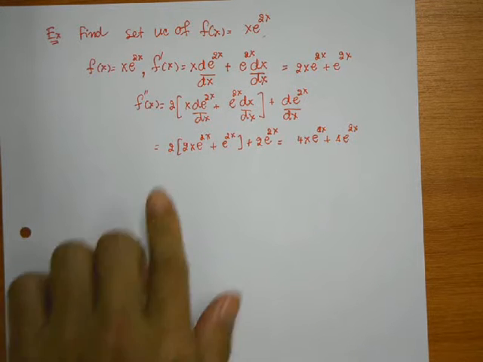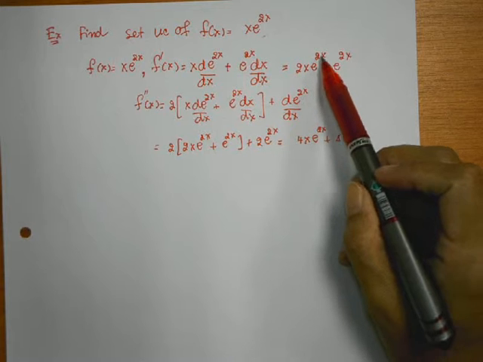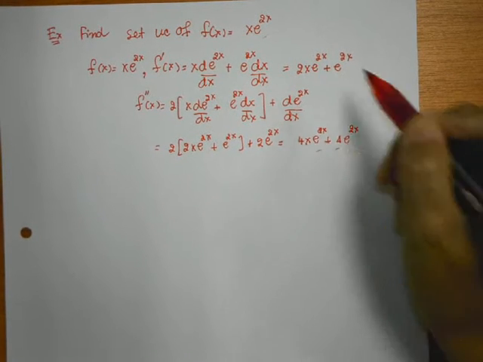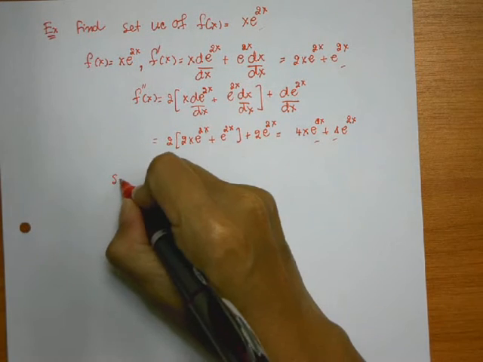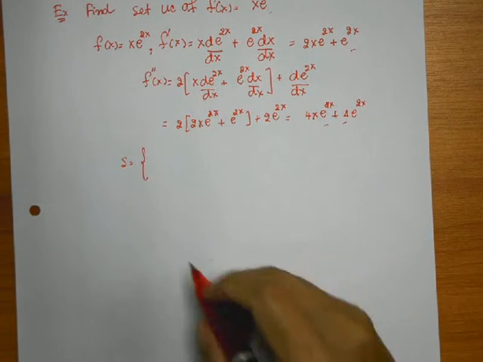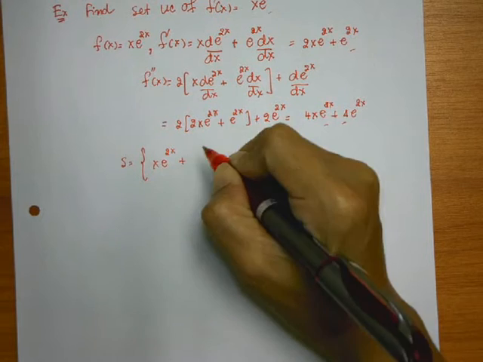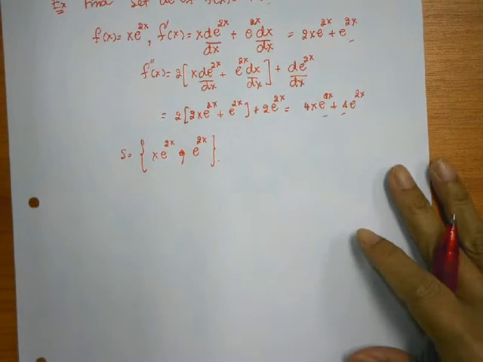So in this case, you already see what? x times exponential of 2x and exponential of 2x. Then in that case, we would be finished at this point. And then we can conclude that the UC set of this function is x times exponential of 2x and exponential of 2x. You will get two functions.